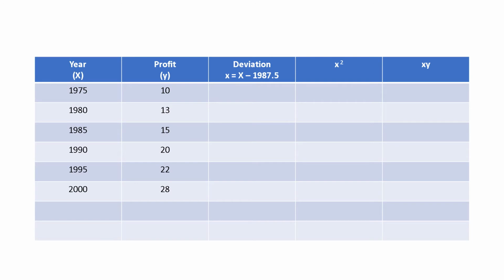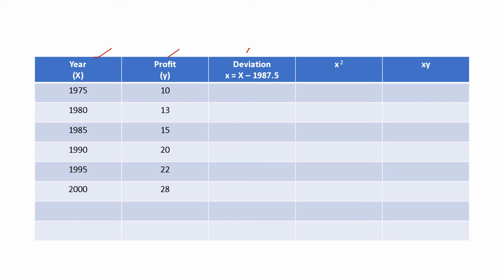Now just make the table from that. Year, profit. This much we get from the question. Now next we have to go for deviation. Since the year is given, we have to calculate the deviation.